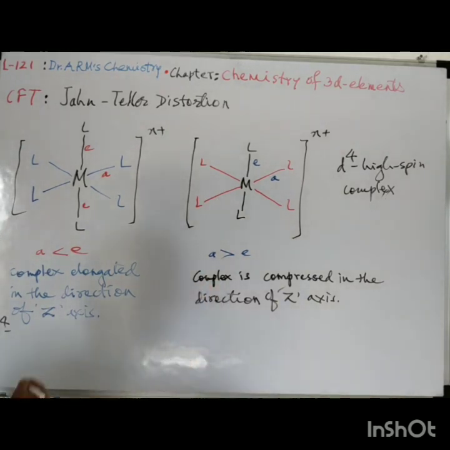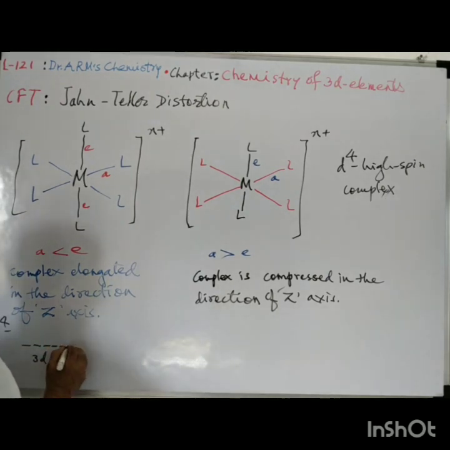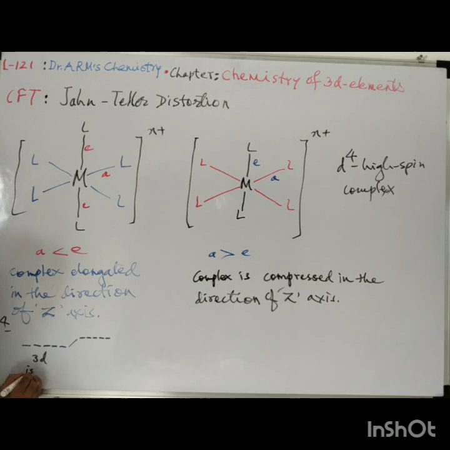The distribution can be shown in this way. These are 3d orbitals, so they are split. This is the isolated metal ion.